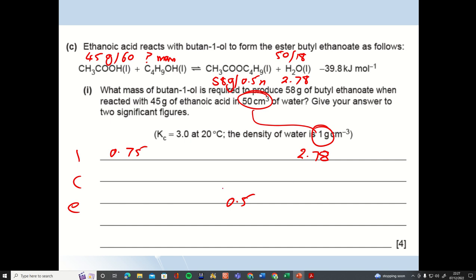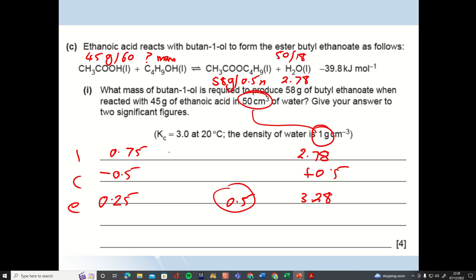During the reaction we're making 0.5 moles of the ester, so that means we must also be making 0.5 moles of the water, and that brings my water up to 3.28 moles. I had 0.75 moles of my ethanoic acid, but 0.5 moles of that must have reacted, to leave me with 0.25 moles of that at equilibrium. Right, okay.